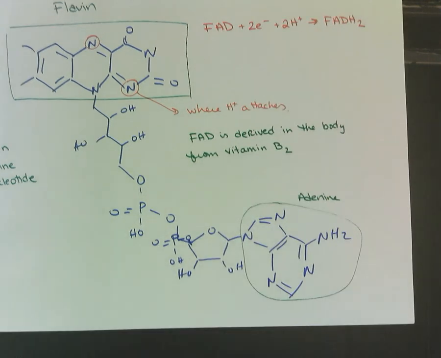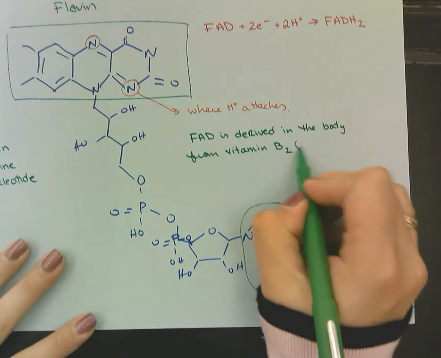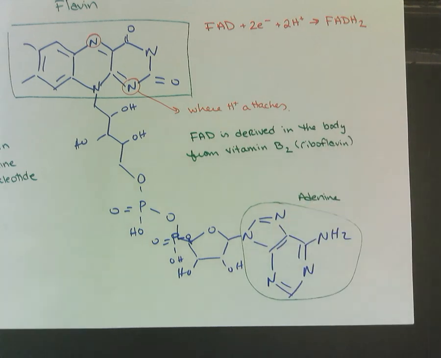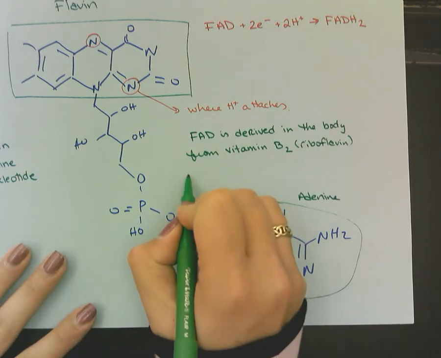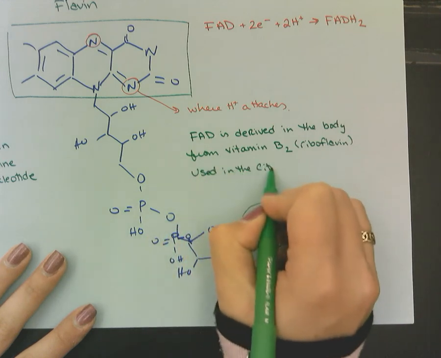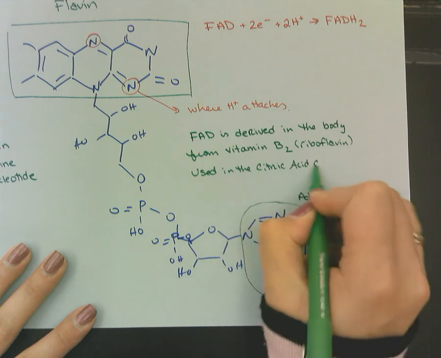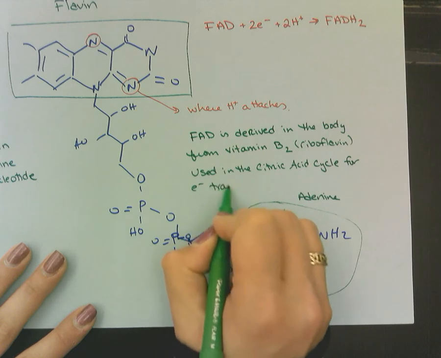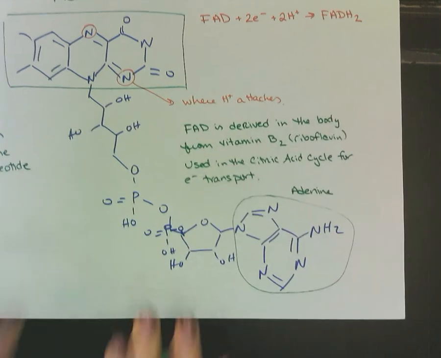So FAD is derived in the body from vitamin B2, which is riboflavin. So a good reason to eat your B2 vitamins so you have some FAD in your body. It's mostly used in the citric acid cycle for electron transport, just like we did.